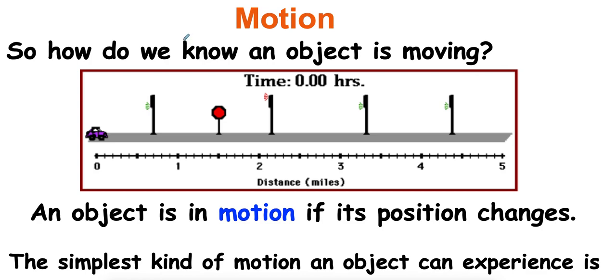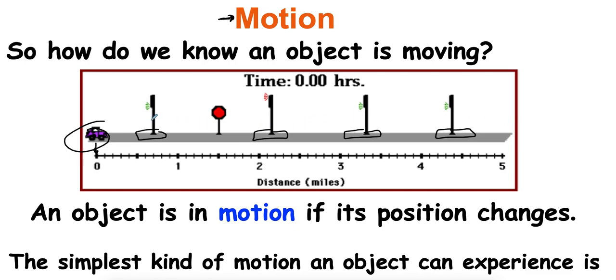In general, we have to know what motion is. This is a pretty basic idea, right? But if we think about it, how do we know an object is moving? We have this car here, just chilling, and we have this nice little reference point, or the distance here. How would we know this car is moving or stationary? Right now, it's not going anywhere. But say we had different pictures where the car was here, and the car was here, and here.